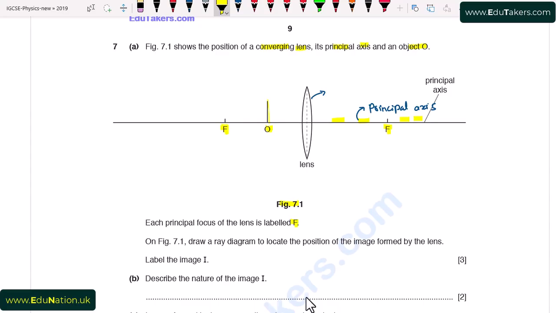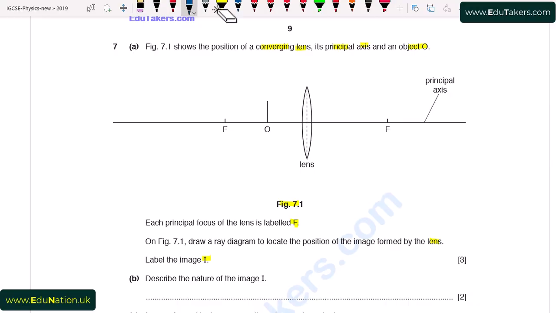On figure 7.1, draw a ray diagram to locate the position of the image formed by the lens. Here we have to draw the ray diagram that shows the position of the image, and we have to label the image with I. Going back to the diagram, we have to know how the converging lens forms the image.